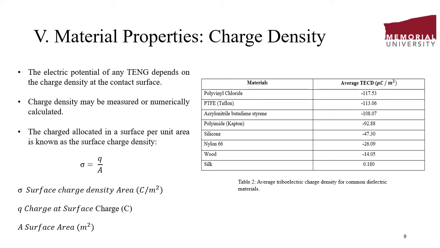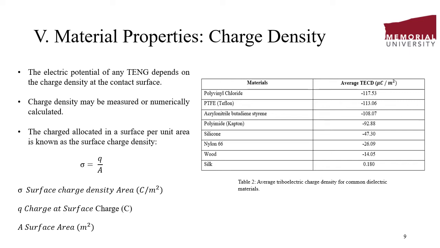The next important factor to consider in the selection of materials is the surface charge density. The density may be measured or calculated. The ranking of triboelectric materials depends on their physical properties, such as the tendency to lose and gain electrons. When two different materials come into contact, it causes static electricity due to an excess of negative and positive charges.